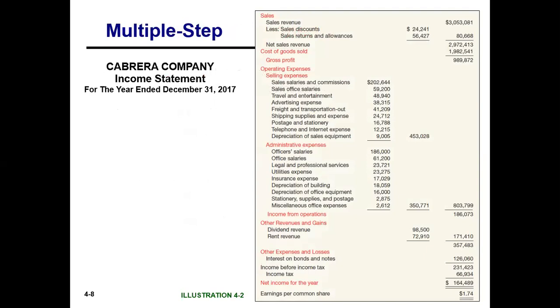So here's an example of this multi-step income statement. Again, it looks very much different than the single step income statement that we've prepared a bunch before. So a single step income statement, again, is revenues minus expenses equals net income, a very simplistic form of the income statement. But now we're looking at this multi-step income statement.